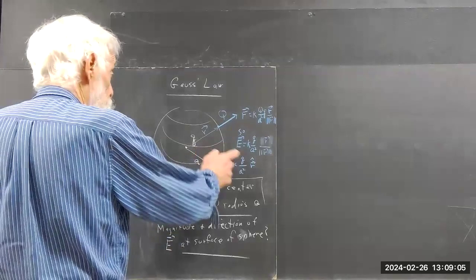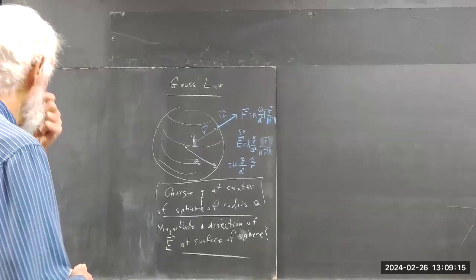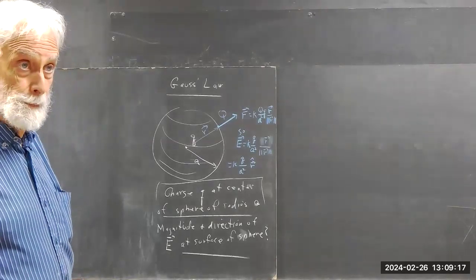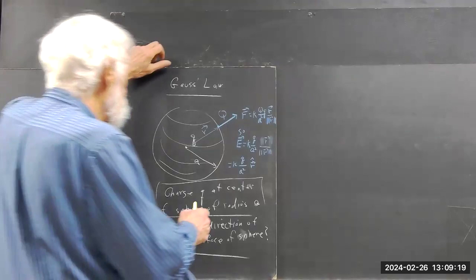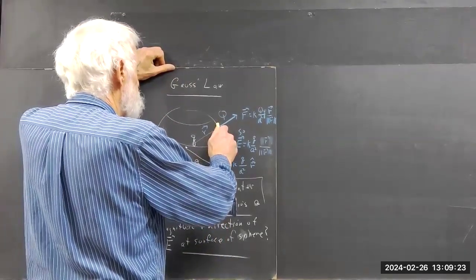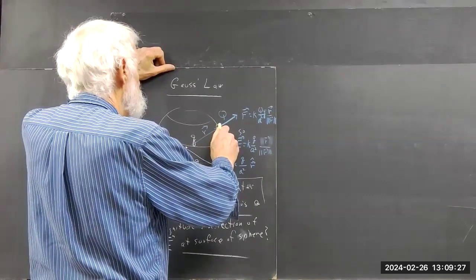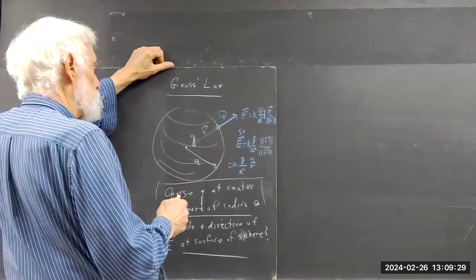So electric field's a vector. It's got a direction. The direction is really critical because we now want to talk about the flux. And we want to talk about the flux through some small region on the surface.